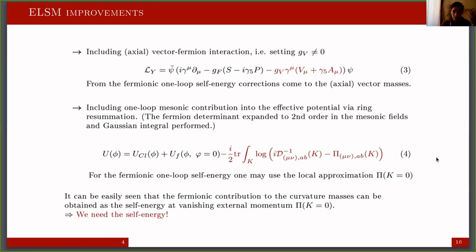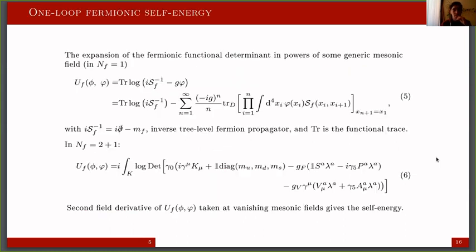Okay, then we have to calculate the self-energy. We have to start with the Fermi determinant, and there are two ways. The easier, maybe the better way is to expand the Fermi determinant in terms of the mesonic fields. For N_F equals 1, I wrote up the exact formula.